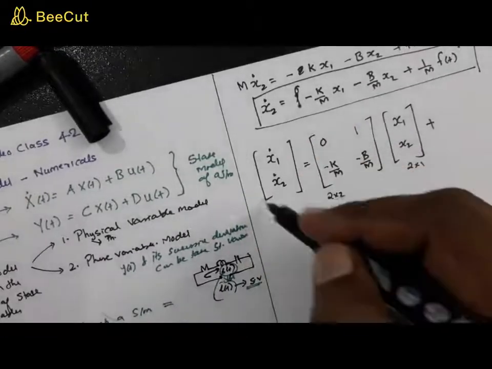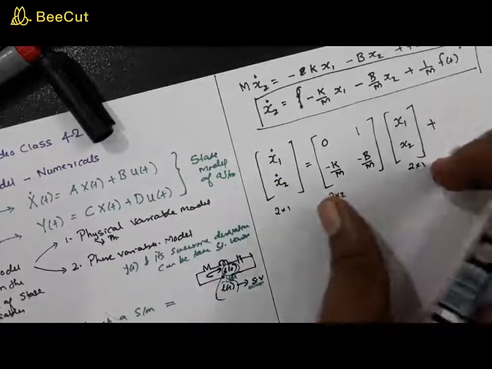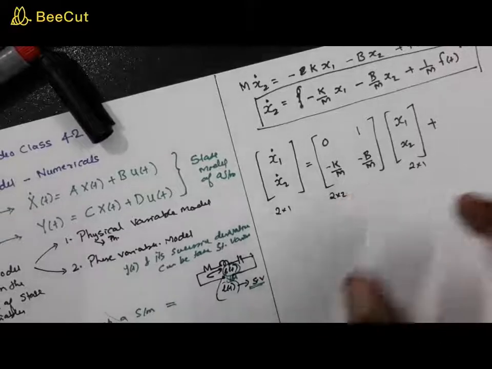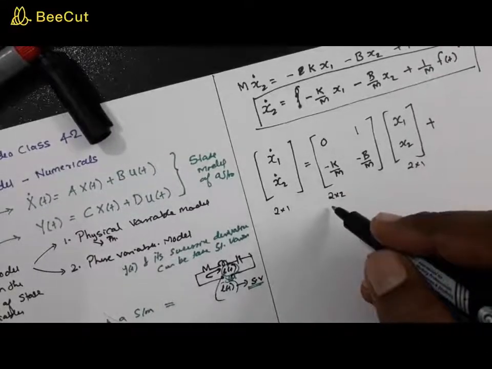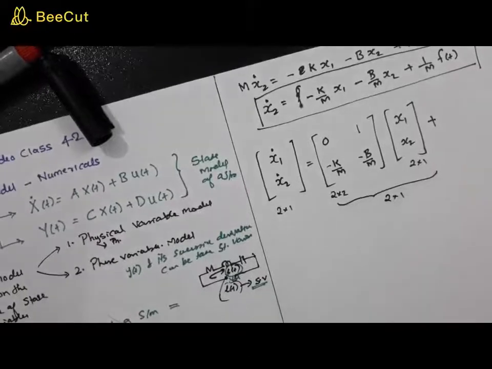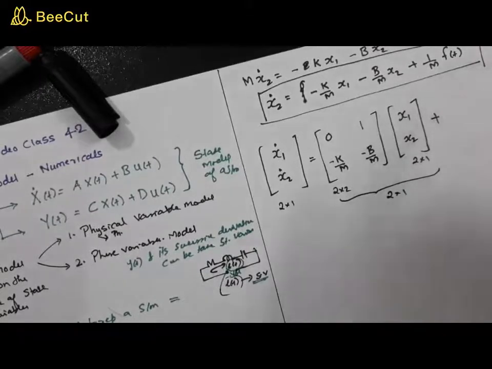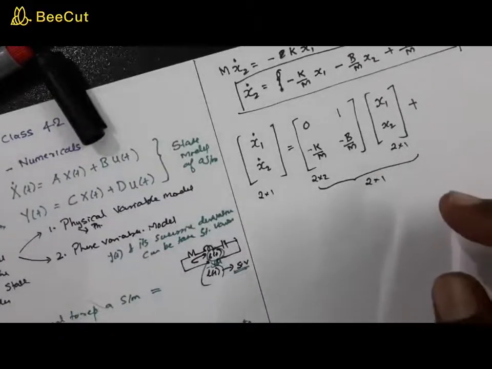Now consider this matrix as the sum of two matrices. If this is the sum of these two matrices, we know that the result is going to be a 2 into 1 matrix. So definitely the part that comes over here must also give you a 2 into 1 matrix. Then only addition is possible, right?